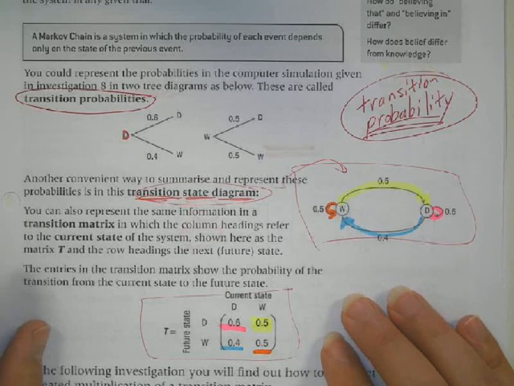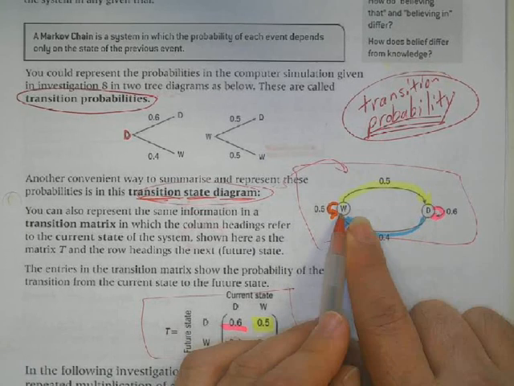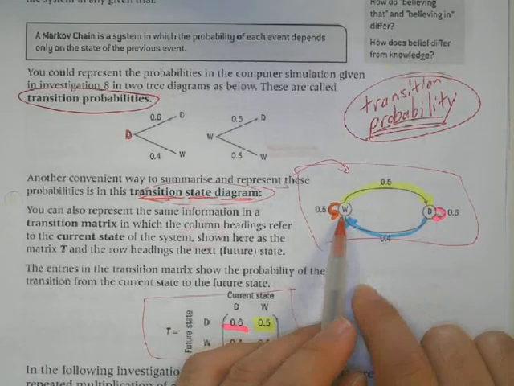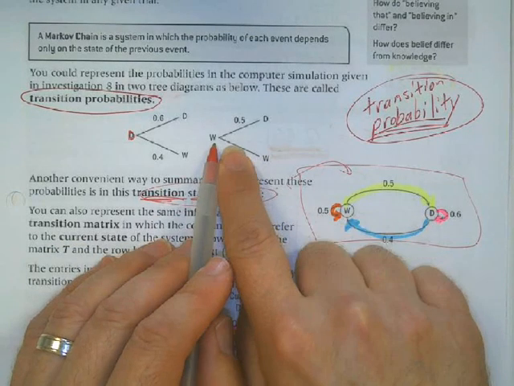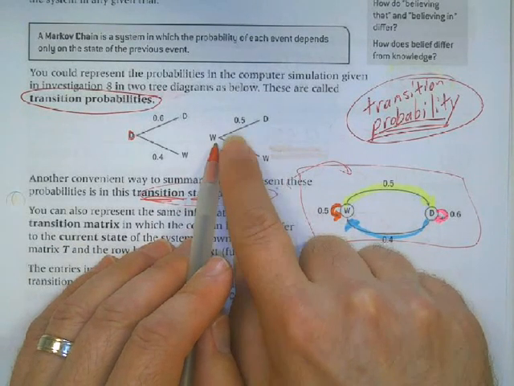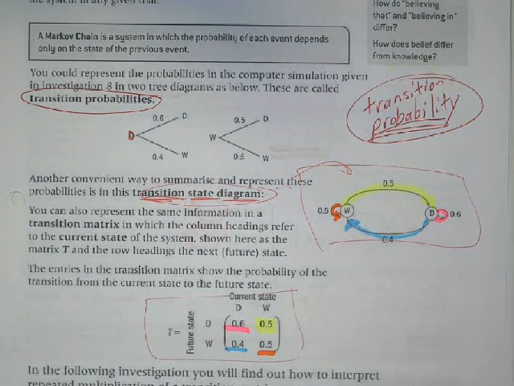Okay, so in this example, let's start off here. If it's wet and then it becomes dry, we're going to follow this route right here.